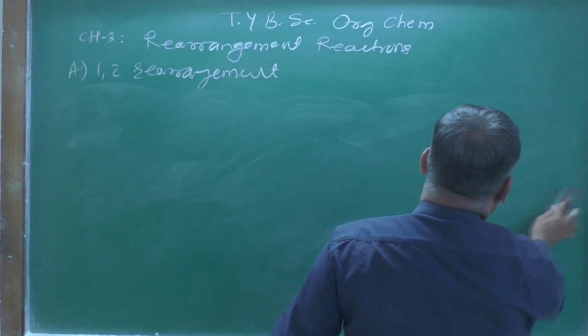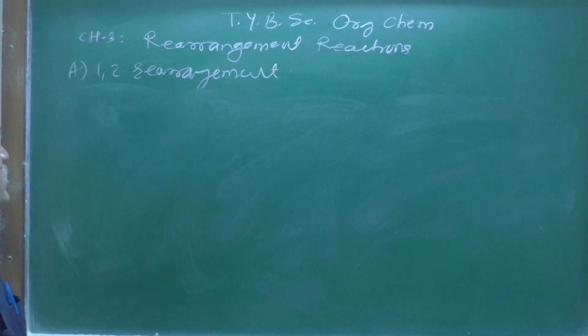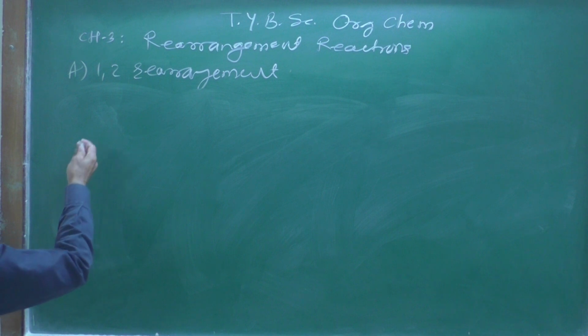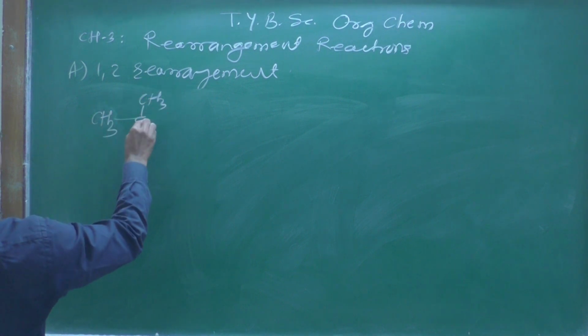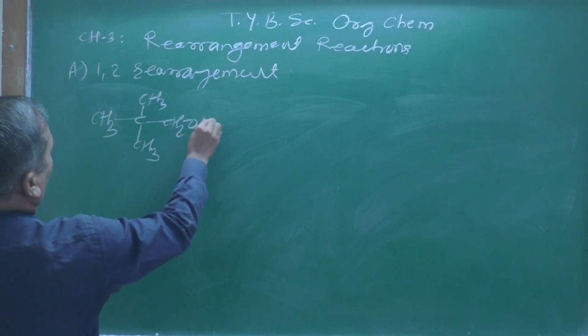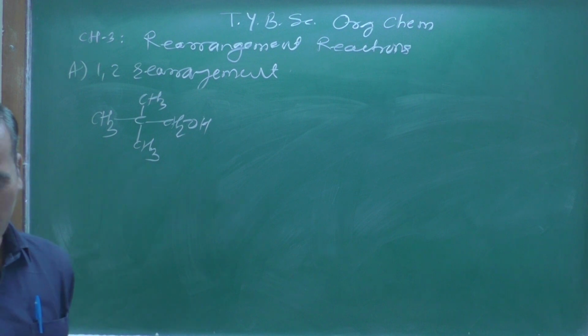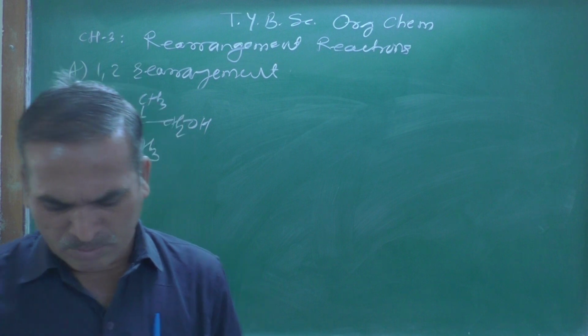Let us see another example belonging to the 1,2 rearrangement reaction. Let us see CH3, CH3, CH3, then CH2OH. That is called neopentyl alcohol, not isobutyl alcohol.